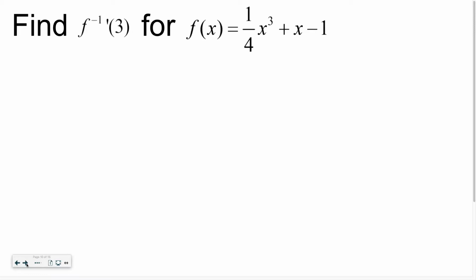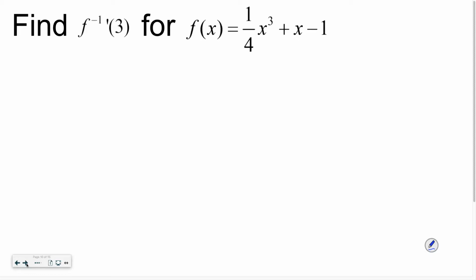Okay, do you notice how they only gave us an x value? They didn't give us a coordinate. I'm looking for f inverse of 3, but I have f. And that's going to be kind of an issue.